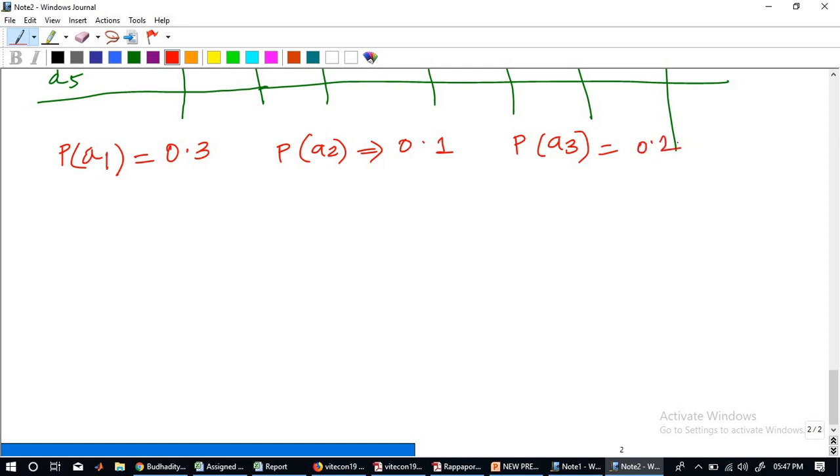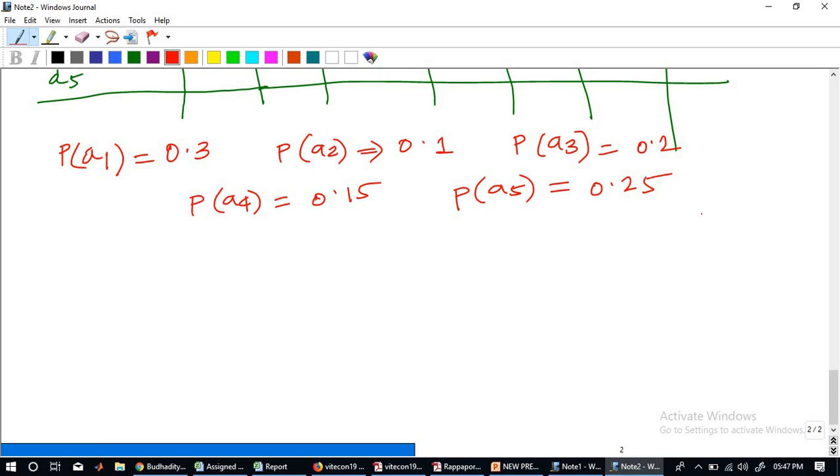No, I'm asking P of A3. P of A4, 0.15. We'll take it approximately 0.15 here. P of A5, 0.25.